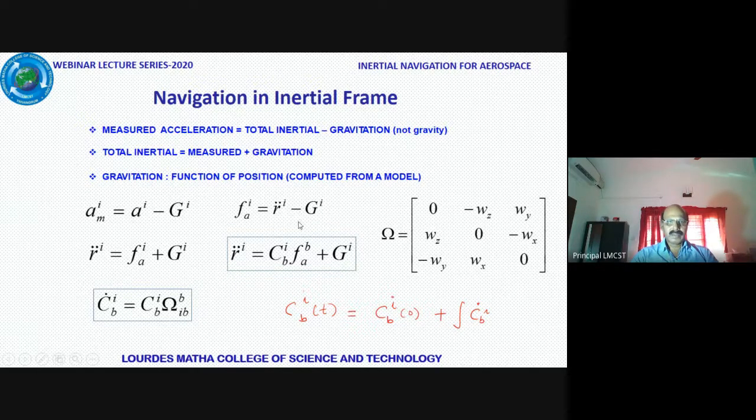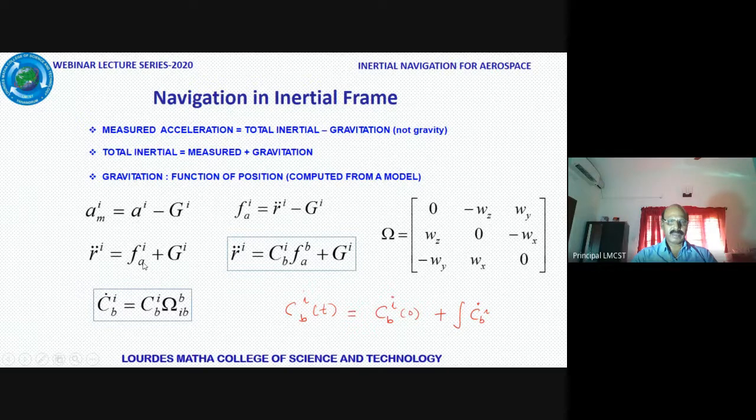Okay. Now what we want is this fellow. Keep that there. Take the other one to one side, and you get the total inertial acceleration is equal to the measured inertial acceleration by the accelerometer represented by this symbol.